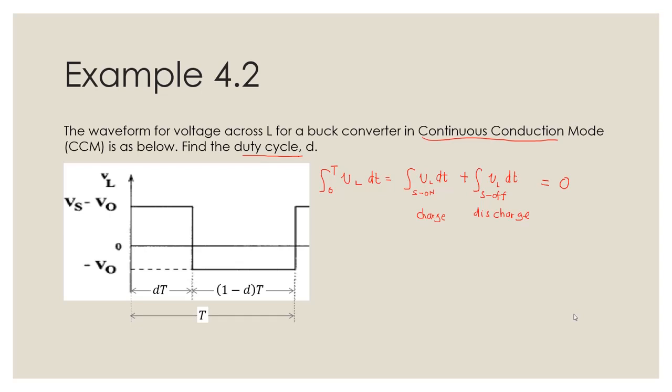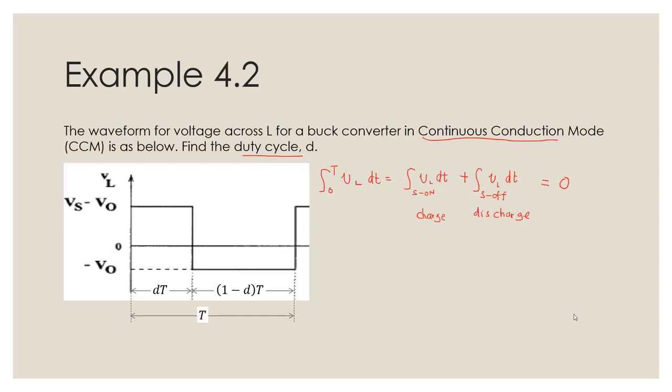Okay, so here we also know that the integral of a waveform is equivalent to the area under the graph. When the switch is on, this is the area under the graph for when the switch is on, and here is the area under the graph when the switch is off.